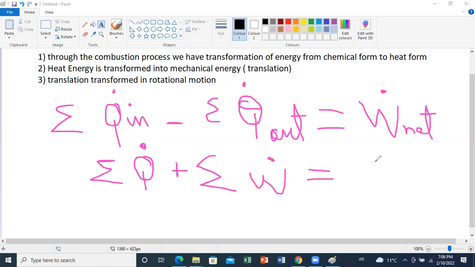If they use this convention, this means that all rates of energy and work coming in are counted as positive, and all the rates getting out of your system are counted as negative.